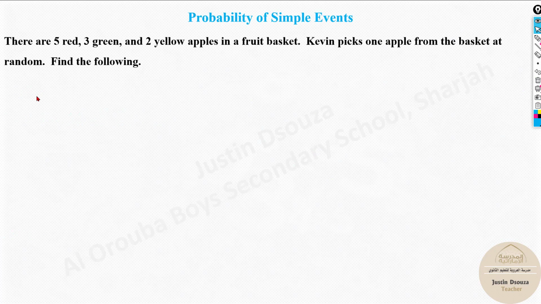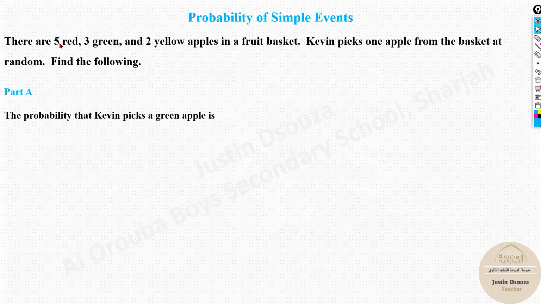Now let's see another problem. There are 5 red, 3 green and 2 yellow apples in a fruit basket. Kevin picks 1 apple from the basket at random. Find the following. Now part A, the probability that Kevin picks a green apple. What is it? So let's see.